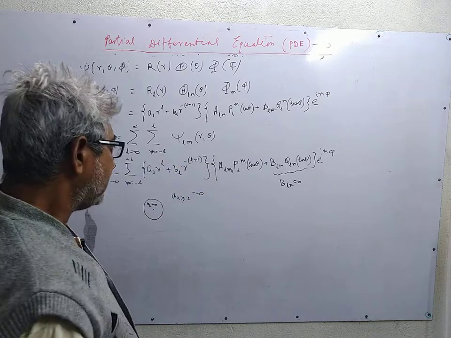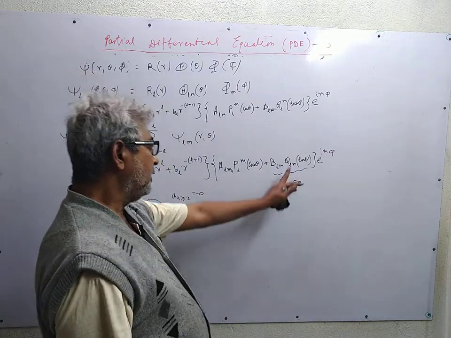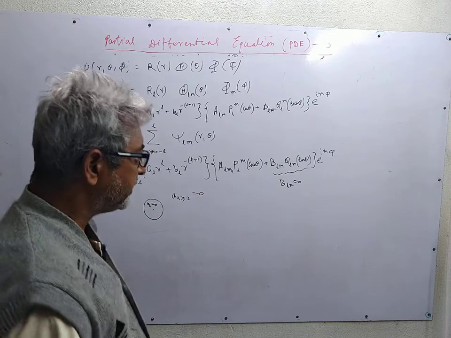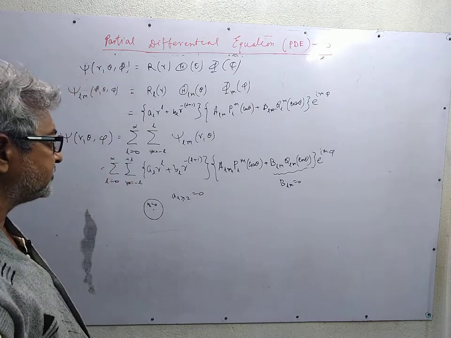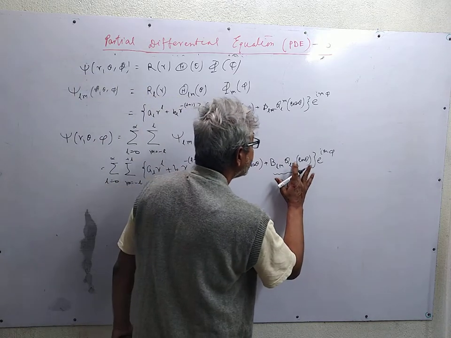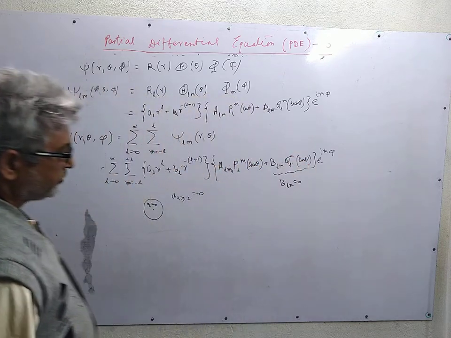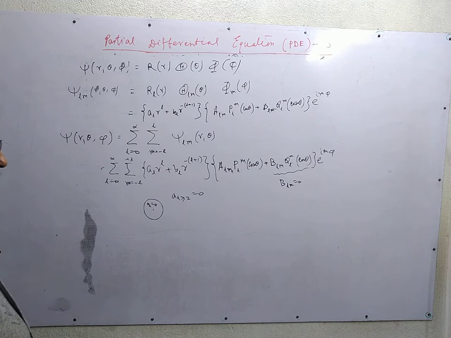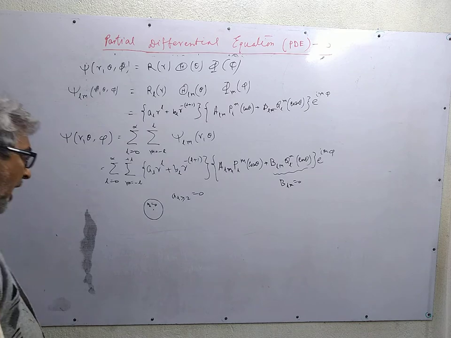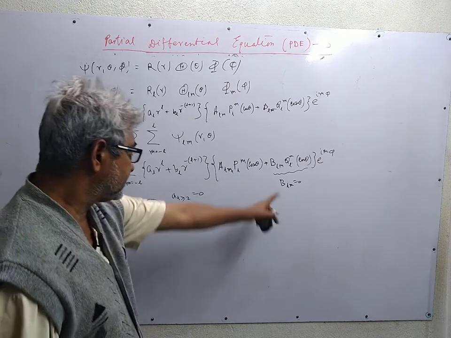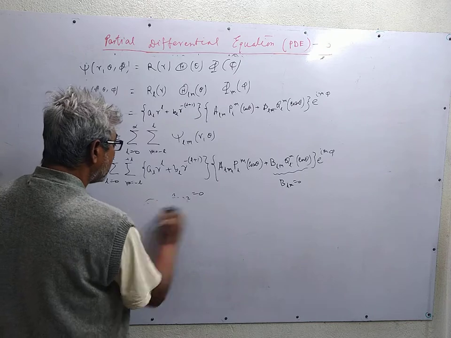And so the associated Legendre function of second kind does not appear. So BLM becomes 0 when the z-axis is included, and which is the case in most of the situations.